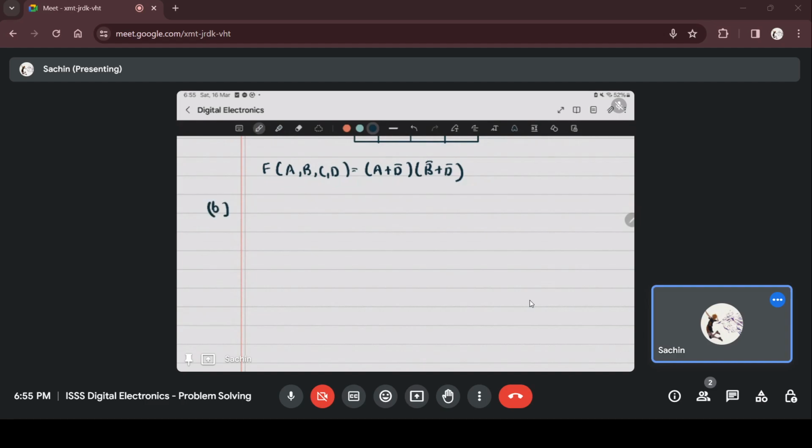Part B, f of a b c d equals pi of 1, 3, 6, 9, 11, 12, 14.